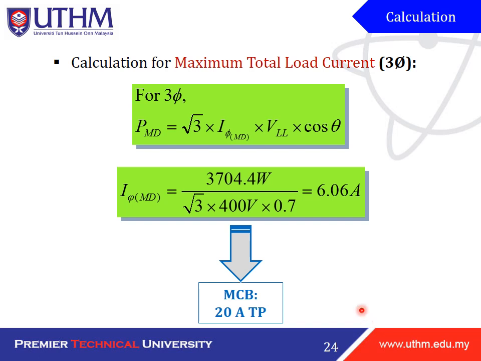And then from the power maximum demand, we can also calculate the maximum total load current for three phase. So we have this equation. Rearrange the equation, we get it like this and calculate it, and we have 6.06 ampere, which can be used in MCB 20A 3-pole.